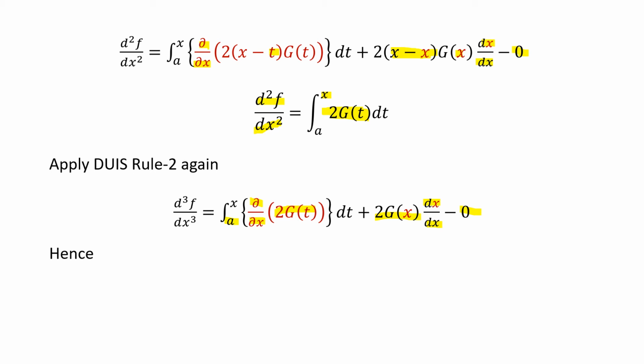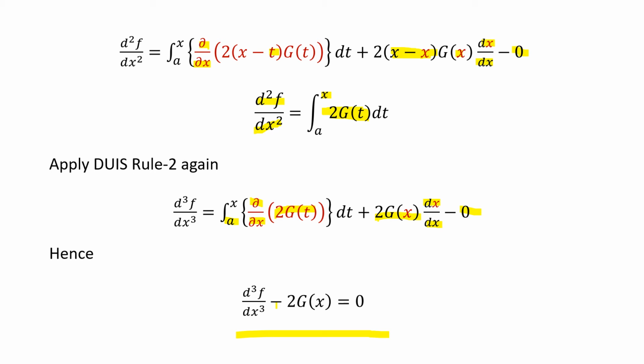So now del by del x of 2 of g of t, x is not there in the function, so the derivative is directly 0 and dx by dx is 1. So what we will get, d cube f by dx cube is equal to 2 into g of x. So we will get d cube f by dx cube minus 2g of x equal to 0, which we have to prove. So hence proved.